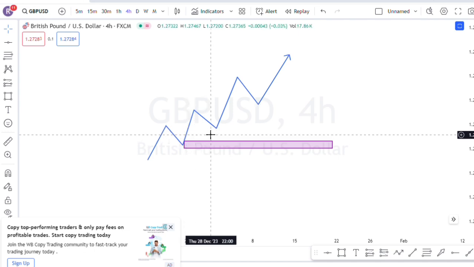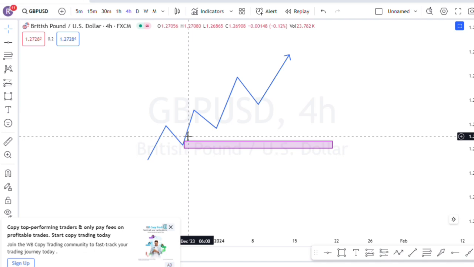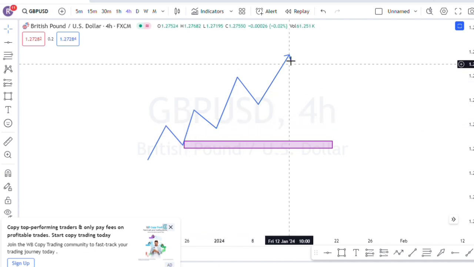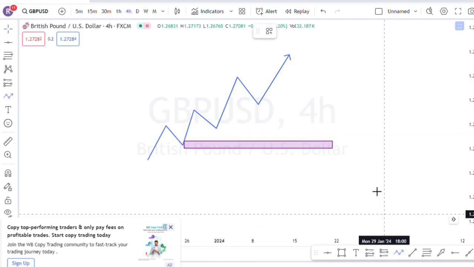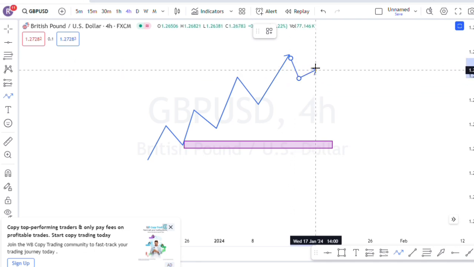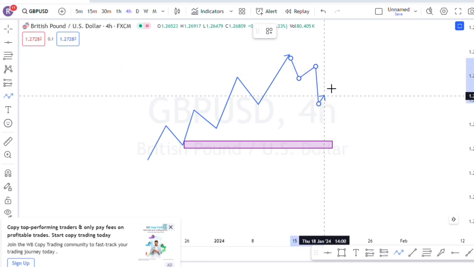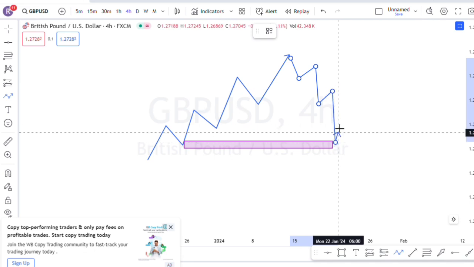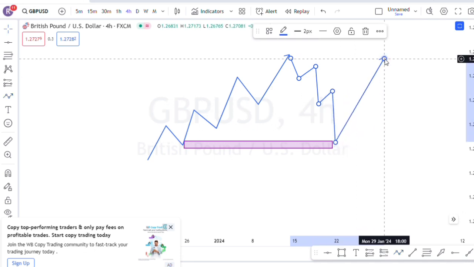So in future we are looking forward to this imbalance being filled. We are looking for the market to come back again and fill this imbalance and activate our demand zone. Then we take our buy trade.